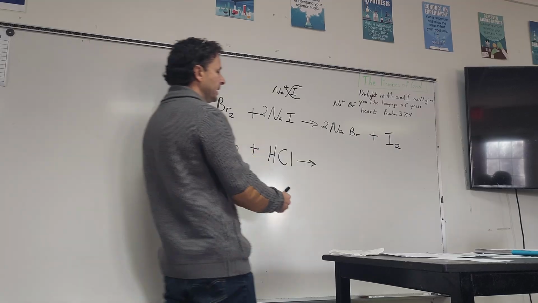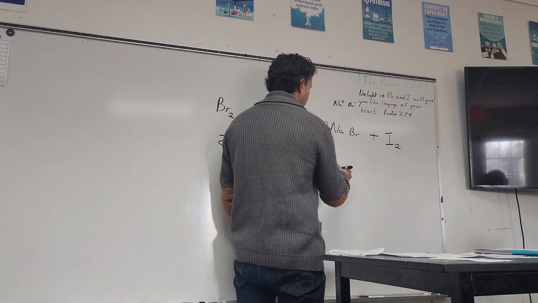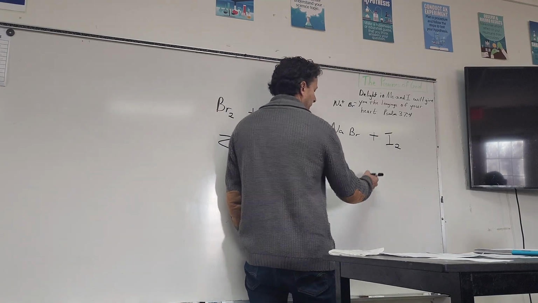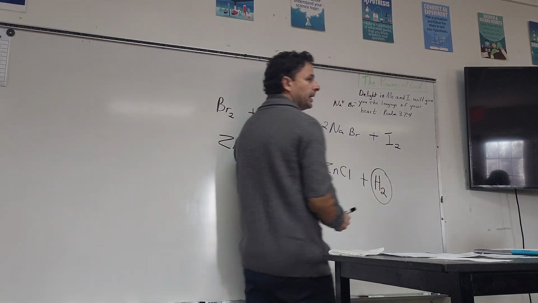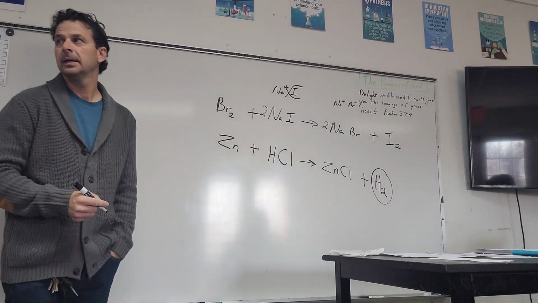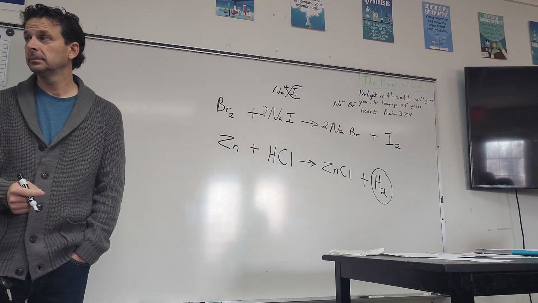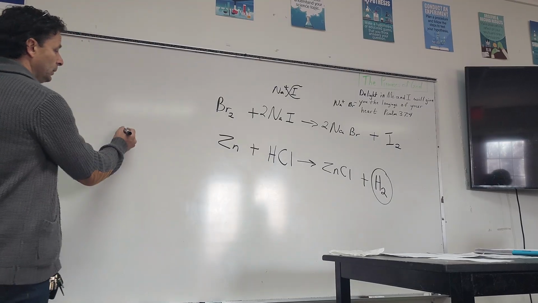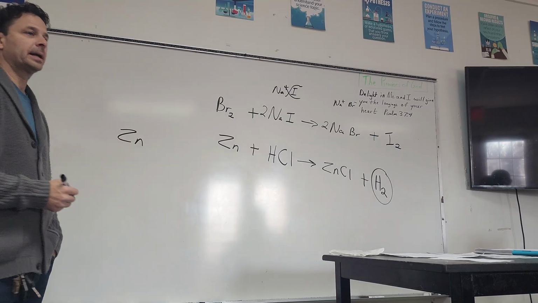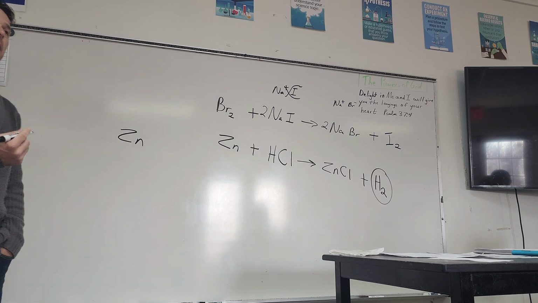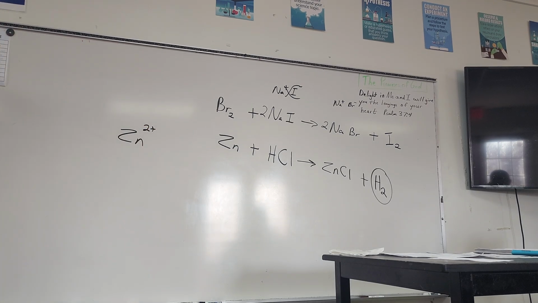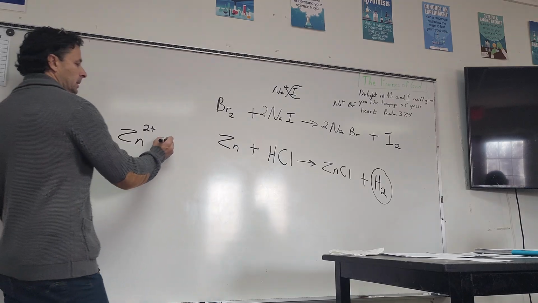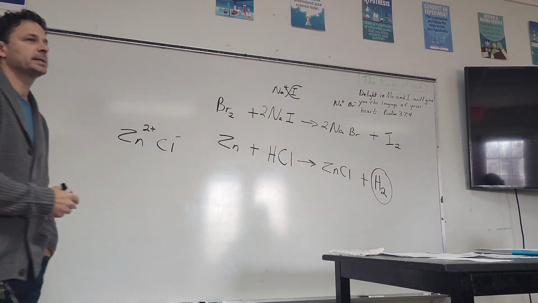And so this will make zinc chloride. Who can tell me the formula for zinc chloride? And it will make hydrogen gas. That's what we collected. That's not correct. If you look on your periodic tables, no one has periodic tables out. You should have your periodic table out. Zn is a +2 ion, always. Cl being a halogen is always -1.